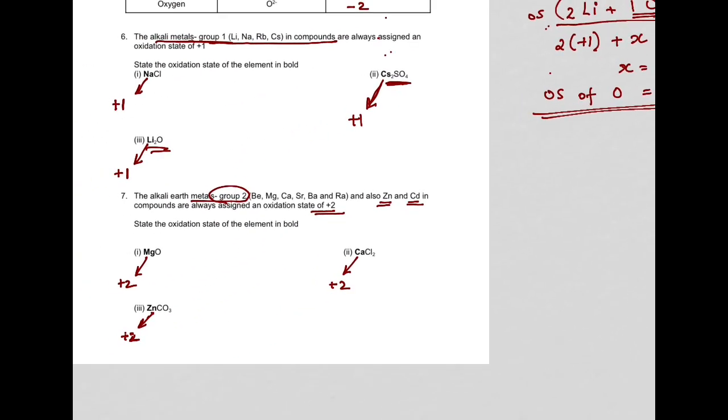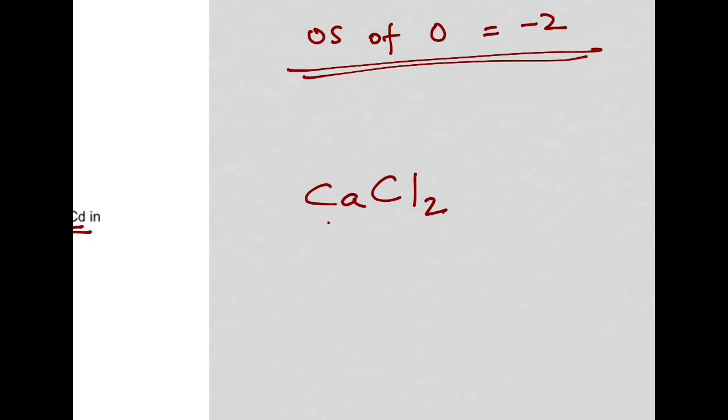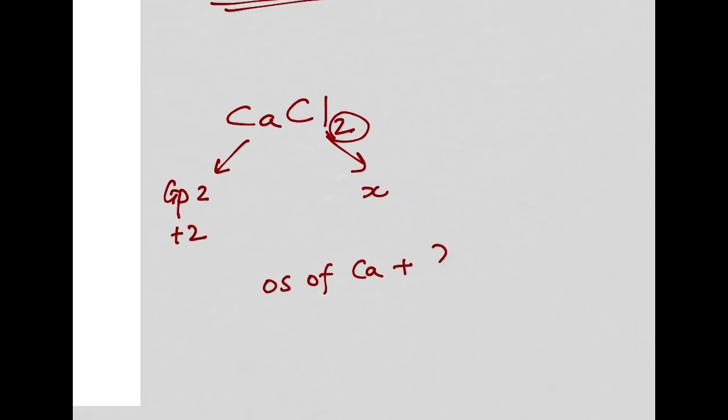Let's try another compound, CaCl2. So Ca is a group 2 element, therefore oxidation state +2. Cl, we don't know, let's put it X. So the oxidation state of calcium plus 2 times the oxidation state of Cl, because there are 2 Cl here, so 2 times X, should give you 0.